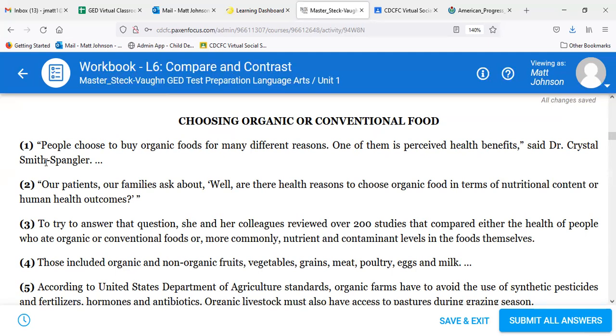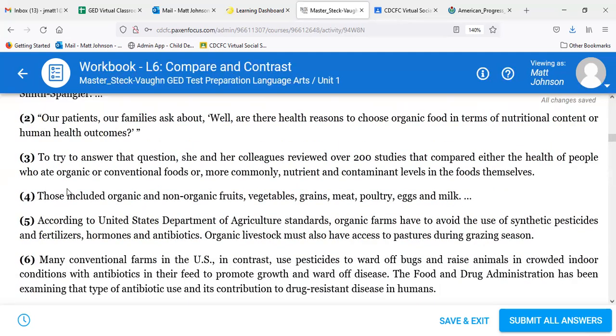Those included organic and non-organic fruits, vegetables, grains, meat, poultry, eggs, and milk. According to United States Department of Agriculture standards, organic farms have to avoid the use of synthetic pesticides and fertilizers, hormones, and antibiotics. Organic livestock must also have access to pastures during grazing season.